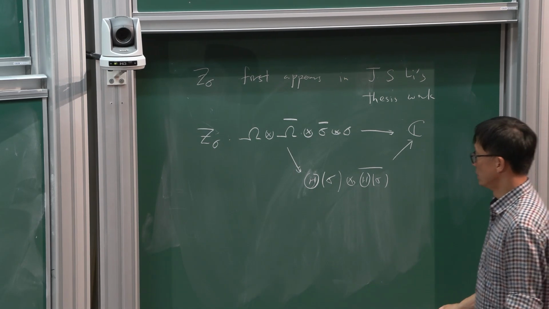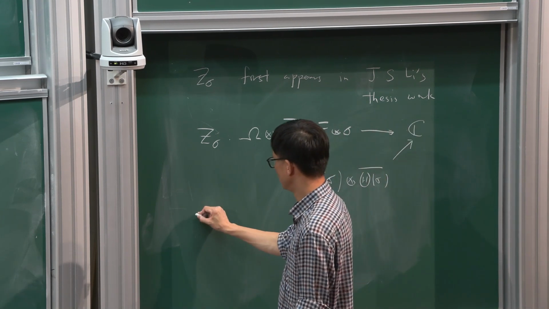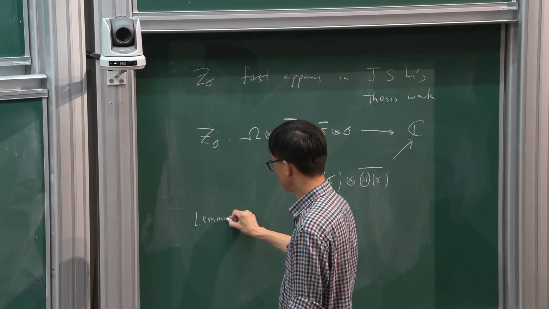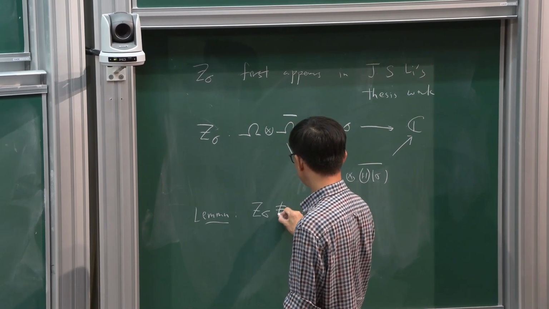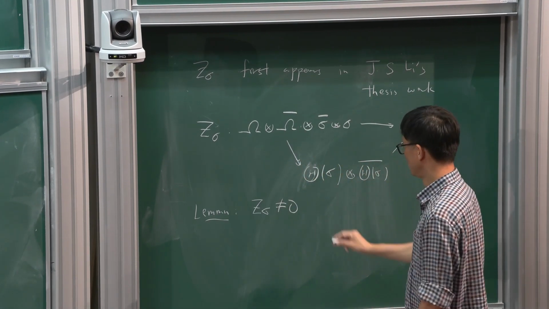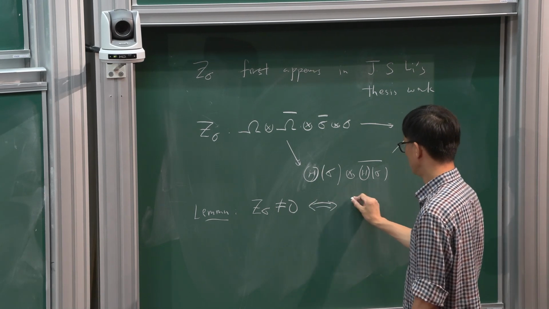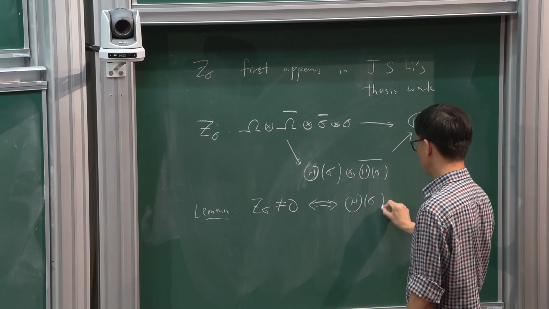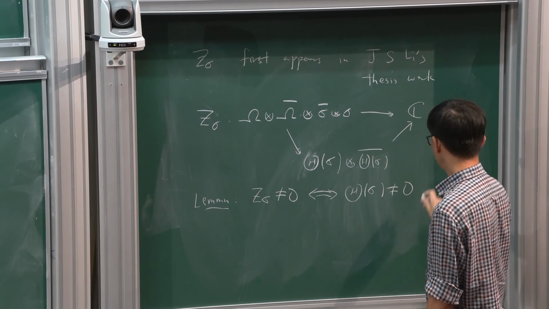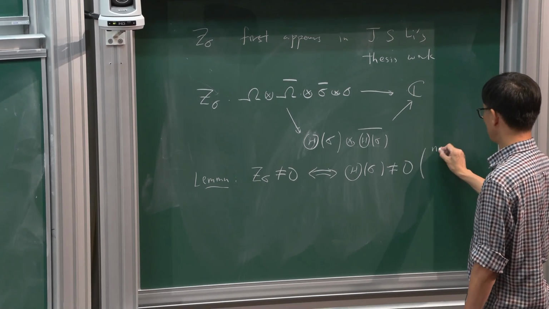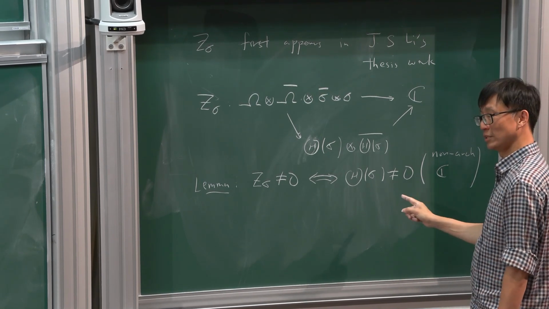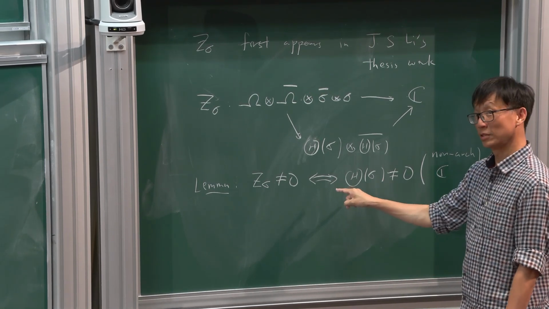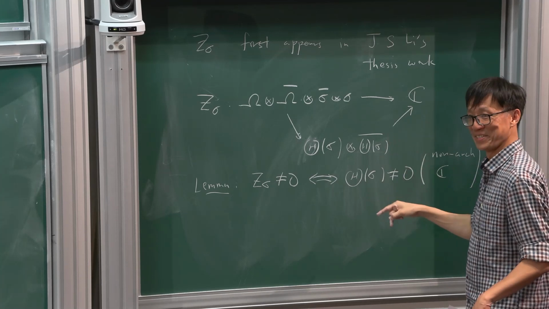Okay, and one can show, a lemma, let's say, that Z sigma is not 0 if and only if beta sigma is not 0. At least this is okay if F is non-Archimedean or F is the complex numbers. When F is the real numbers, this is not fully known. There are some cases that we don't know.